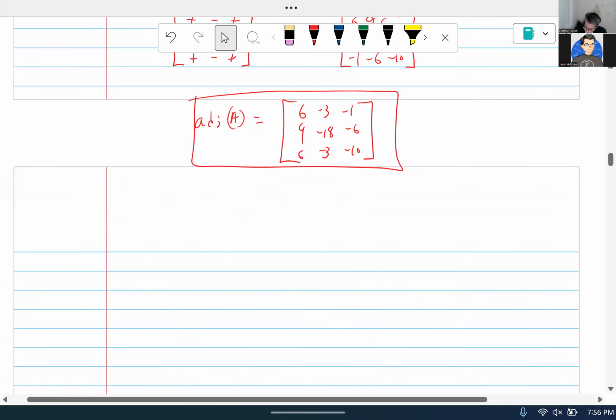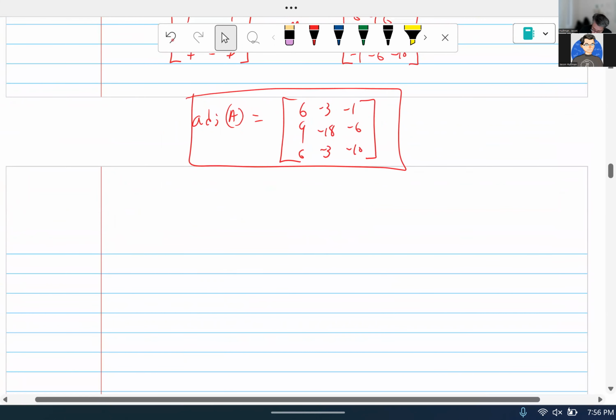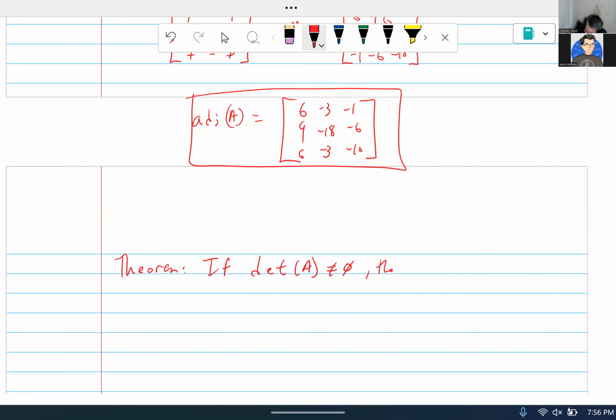Okay, why is the adjoint helpful? Well, there's a theorem that says if the determinant of A is not equal to 0, then A inverse is equal to 1 over the determinant of A times the adjoint.